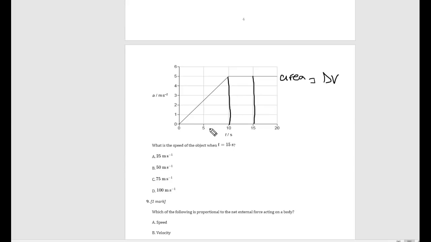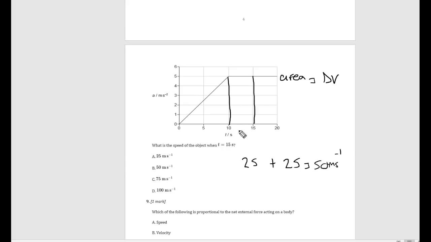We've got a rectangle here. That's a 5 by 5, so that's 25 from the rectangle. And the triangle, 1/2 base times height, so that's 10 times 5 divided by 2, which is another 25. And so the area under the graph is 50 meters per second.